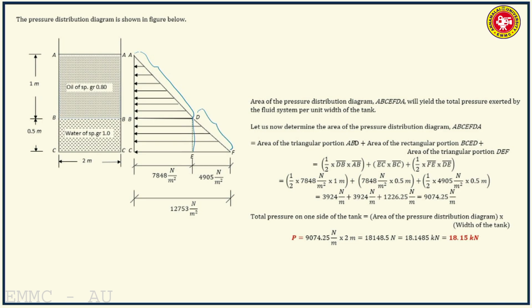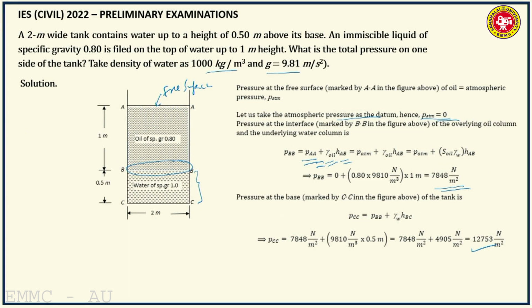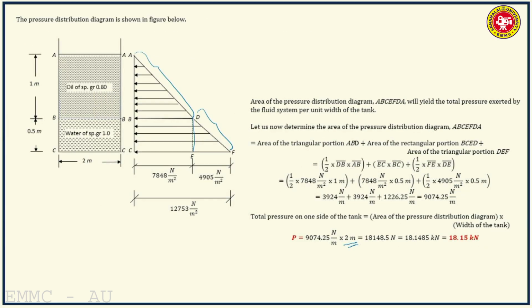So area of the pressure distribution diagram multiplied by the width of the tank, that is 2 meters, that is perpendicular to the plane of the 2 meter wide tank, right? So pressure distribution diagram multiplied by 2 meters will give you the pressure force, that is total pressure on one side of the tank.